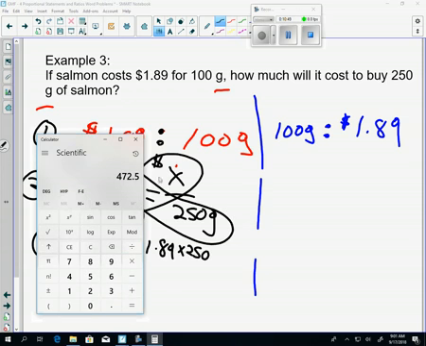Let's do that again. 1.89 times 250 is 472.50.